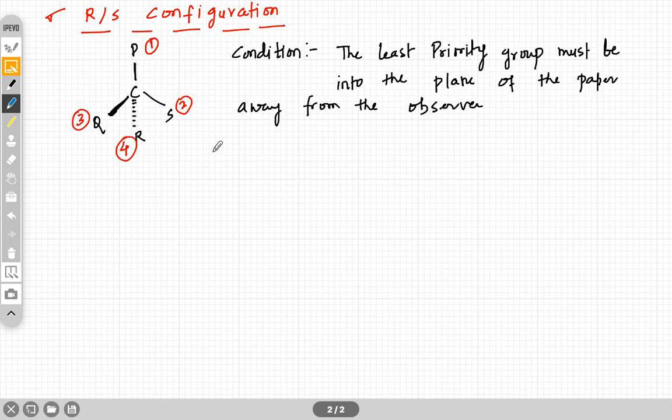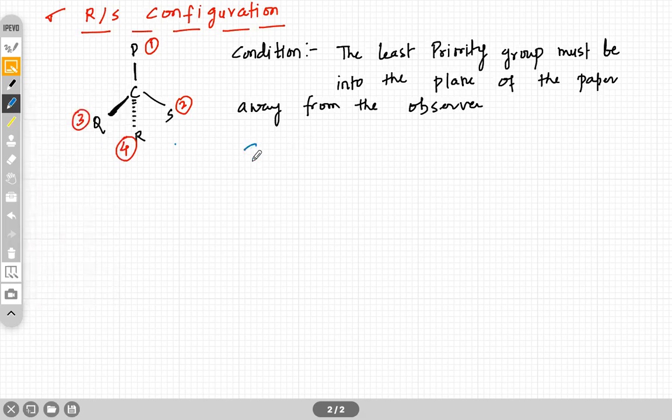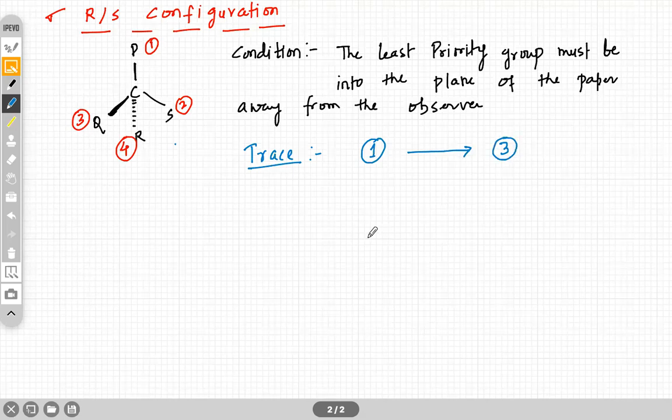You have to trace this path from first priority to 3rd priority group.